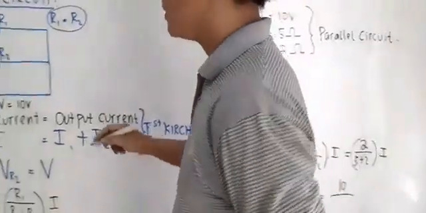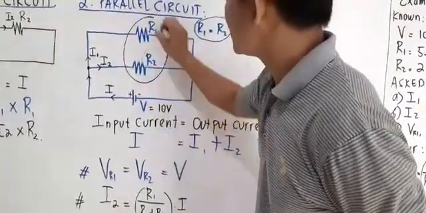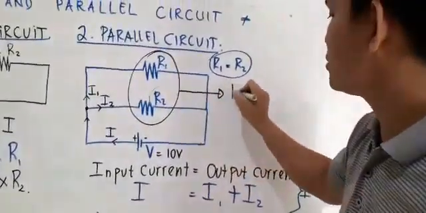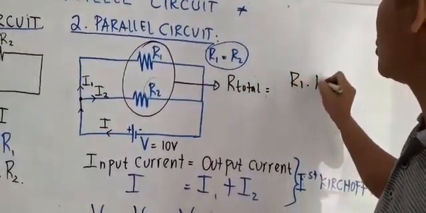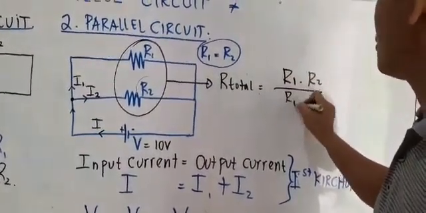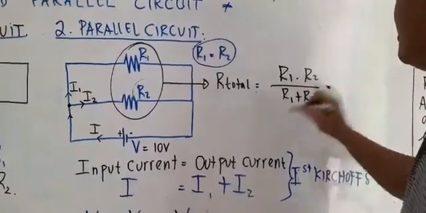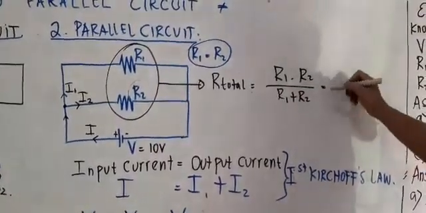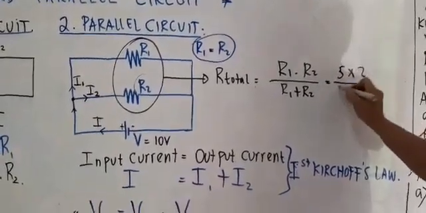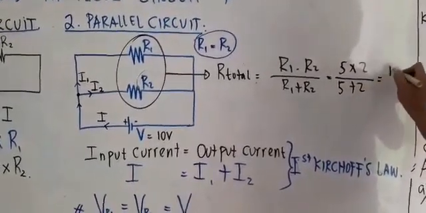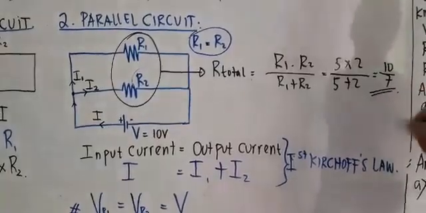Let me tell you that this will produce the total resistance, which is R1 multiplied by R2 over R1 plus R2. So that means 5 multiplied by 2 over 5 plus 2 is 10 per 7.